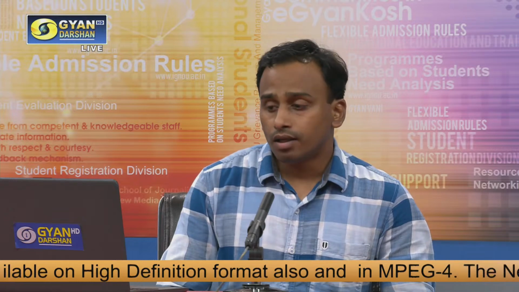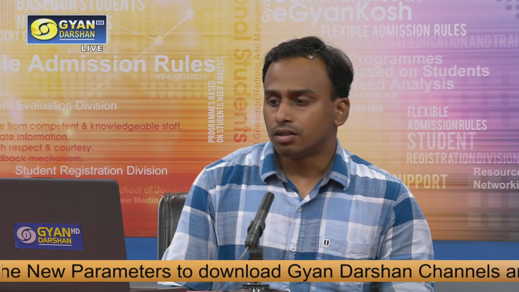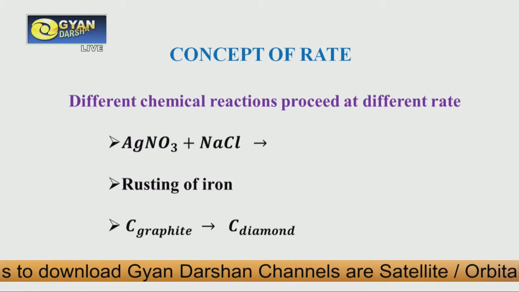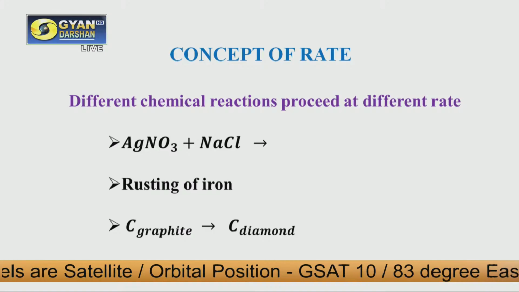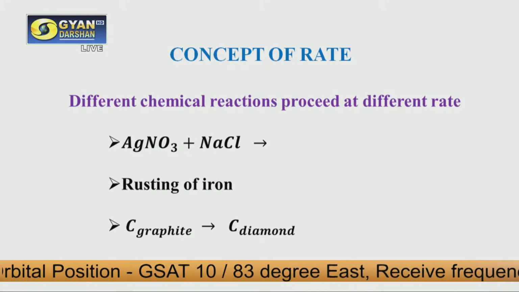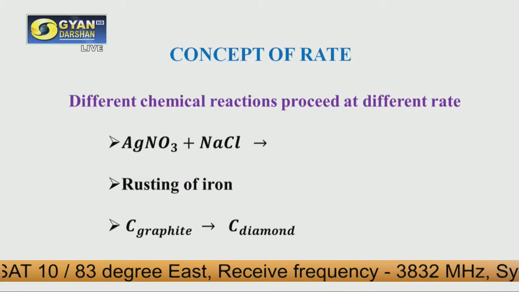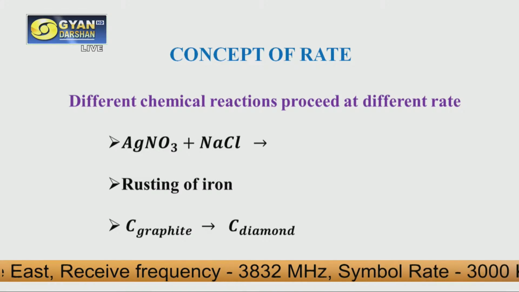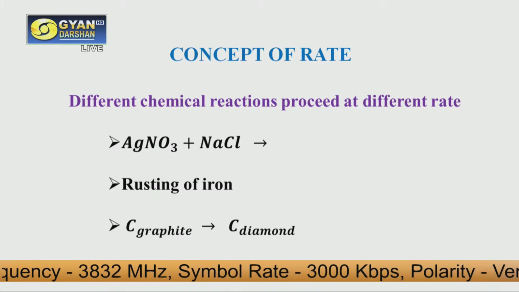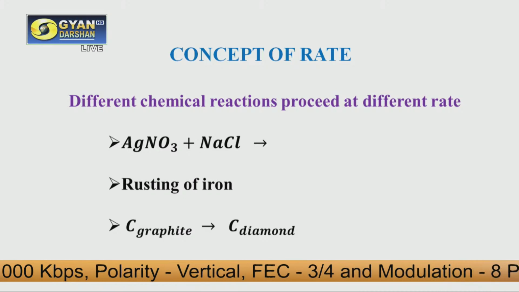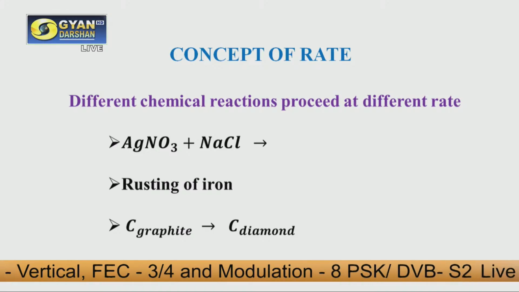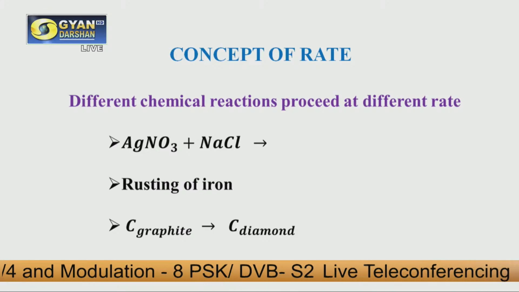So this is the basic idea of the average and the instantaneous rate. Different chemical reactions proceed at different rates. In your school level or practical classes, you must have done this: if you put a solution of silver nitrate into a solution of chloride, and these two solutions are mixed, you instantaneously find precipitation of the product, AgCl. It's an instantaneous reaction.